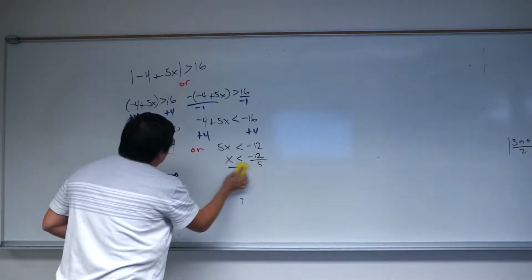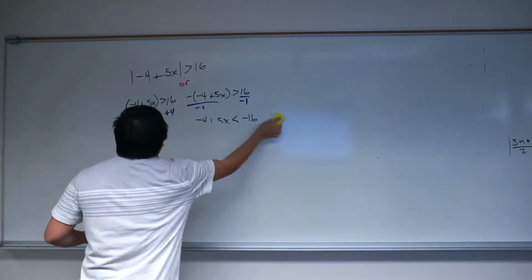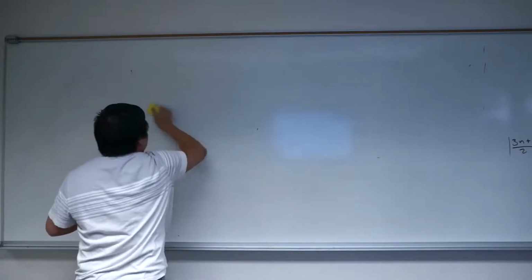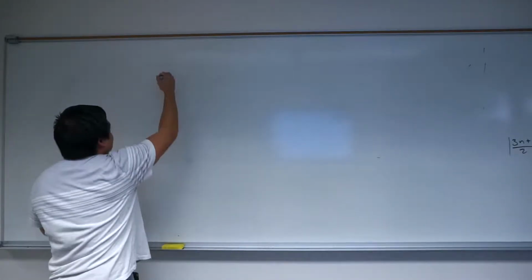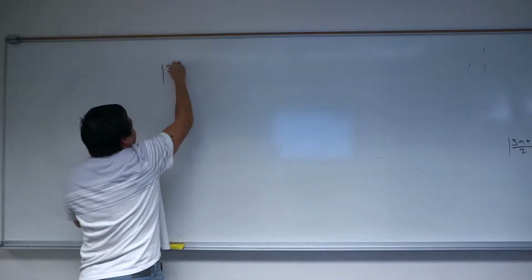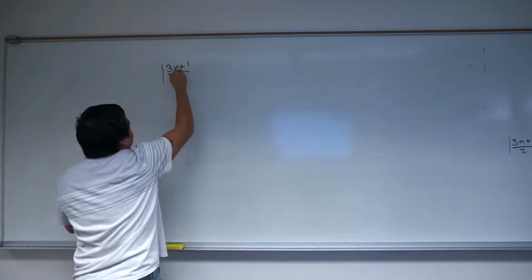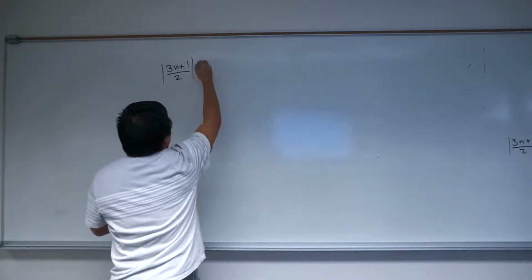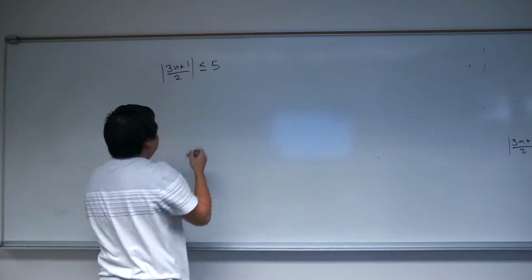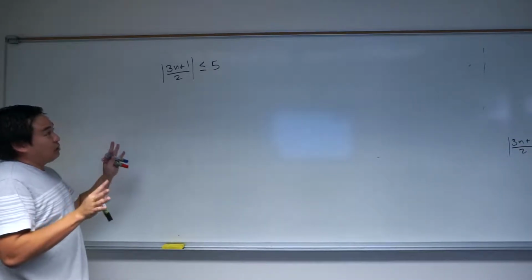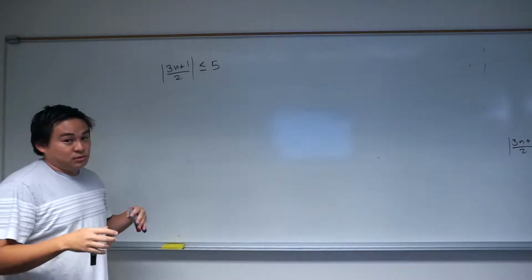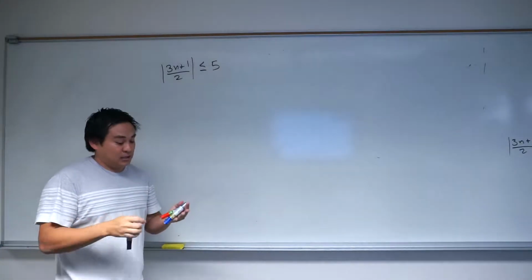Okay. So the next example is 3n plus 1 over 2 is less than or equal to 5. Okay, so the inequality is less than or equal to, so that is going to be an AND type problem.